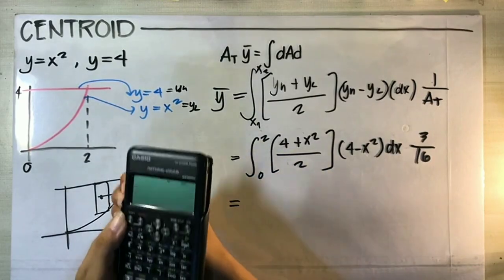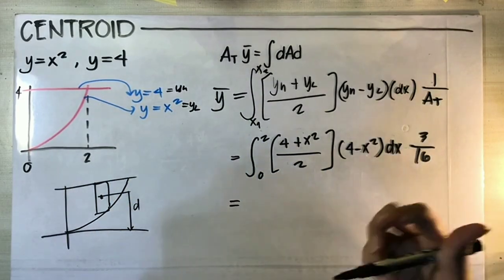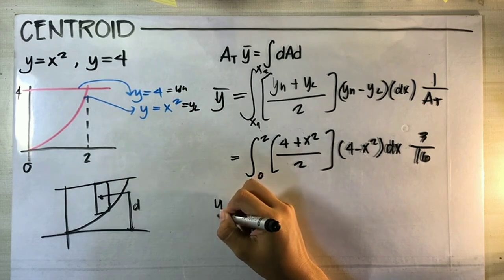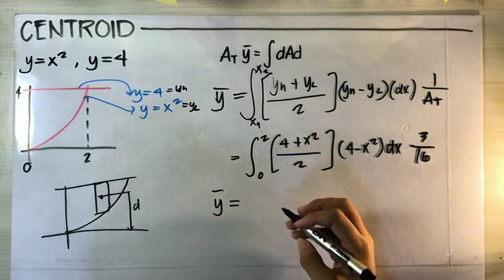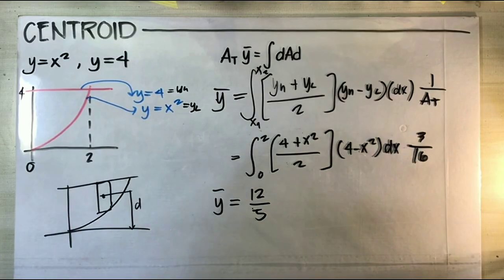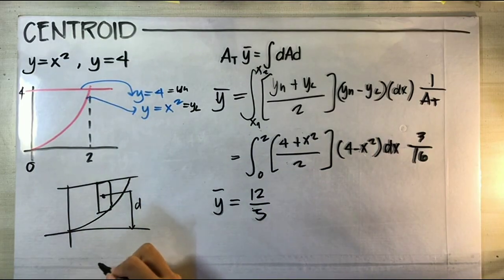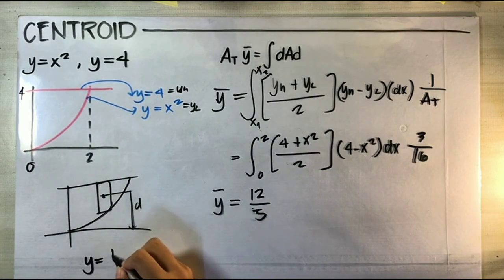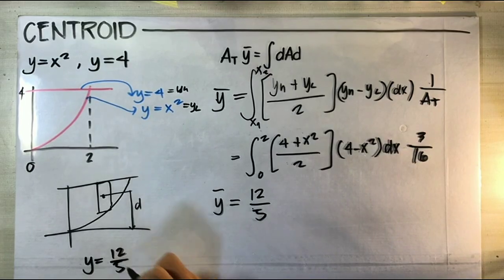So our y bar is equals to 12 all over 5. So let's put it here. So our y bar is equals to 12 all over 5.